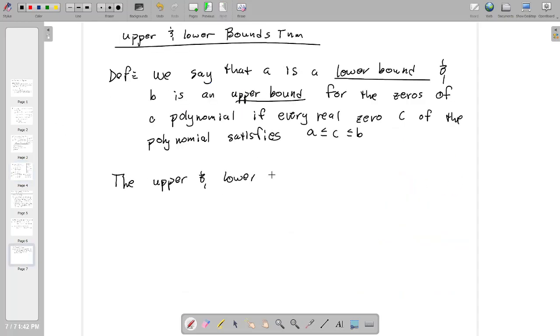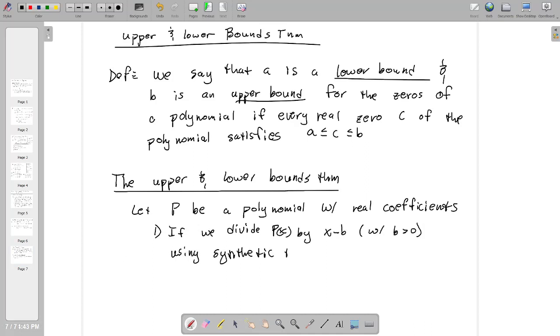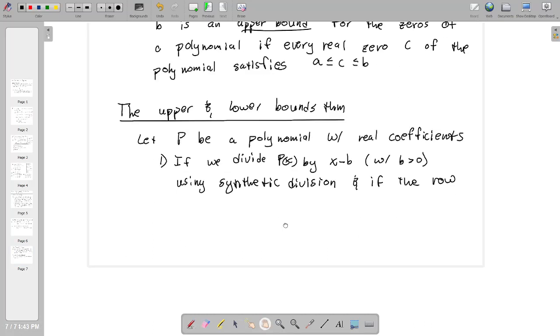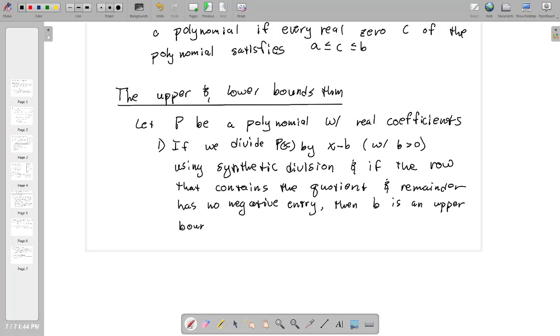The upper and lower bounds theorem. Let P be a polynomial with real coefficients. 1. If we divide P of x by x minus b with b greater than 0 using synthetic division, and if the row that contains the quotient and remainder has no negative entry, then b is an upper bound for the real zeros of P. 2.